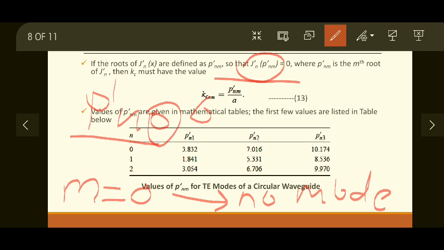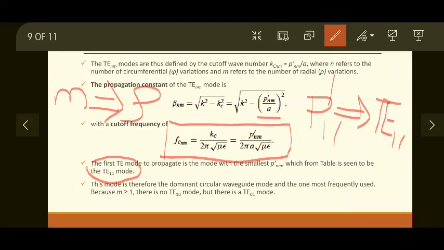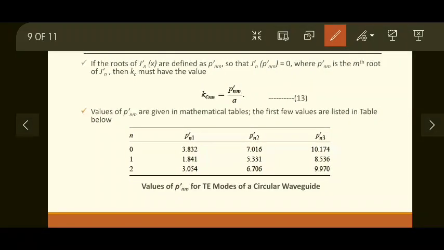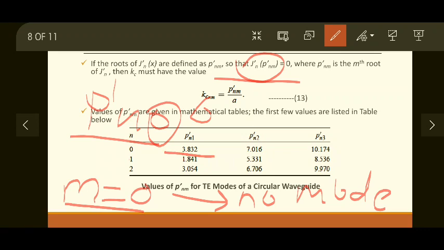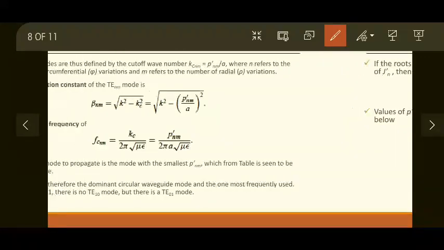So there is no mode corresponding to m equal to 0, and that's why there is no TE10 mode, but there is a TE01 mode, because n can be 0. In this table you can see n can be 0, all these three values, but m cannot be 0.